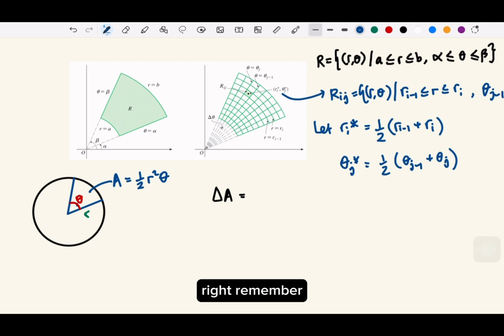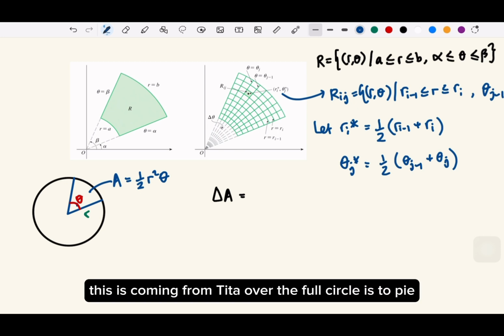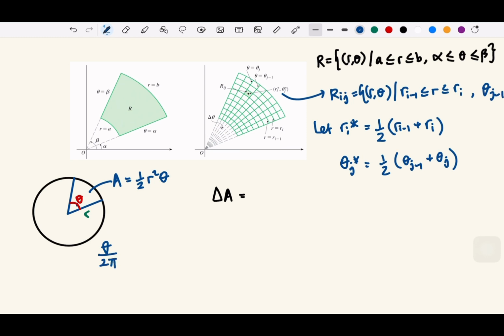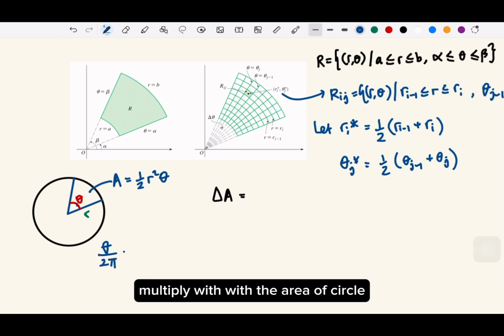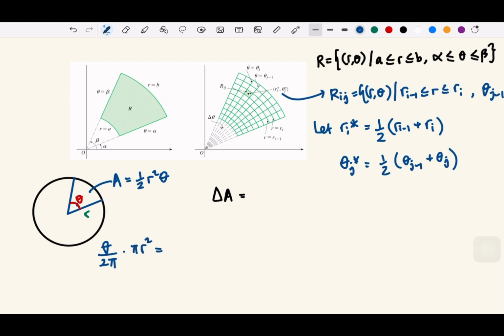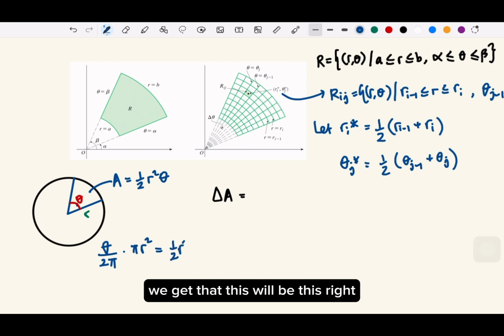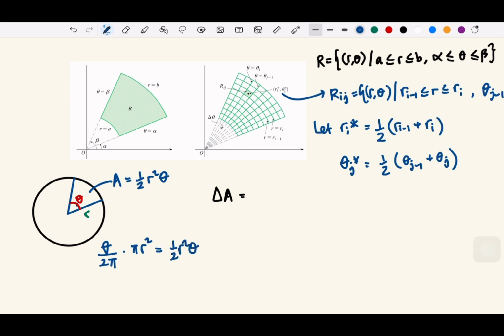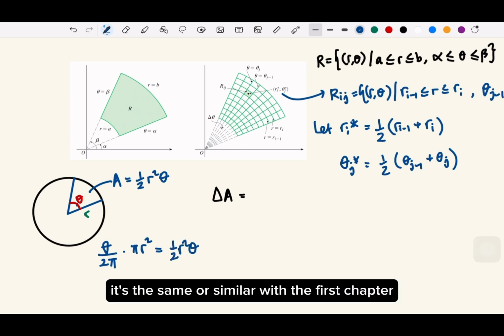If you remember, this comes from theta over the full circle 2 pi, multiplied by the area of a circle. What is the area of a circle? Pi r squared. So after cancelling, we get this, right? It is similar to the first chapter we tackled, chapter 10 about polar coordinates.